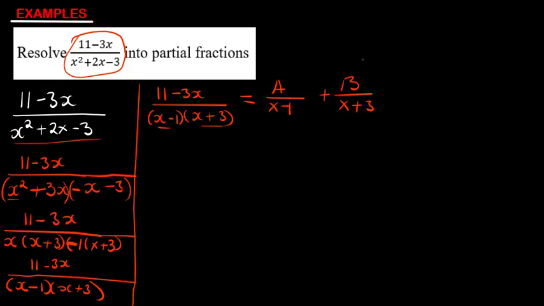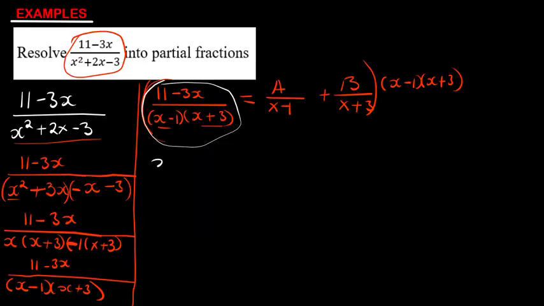After doing that, what is next? I'll put the brackets like that and get the common denominator. The common denominator here is x minus 1 and x plus 3. I'll multiply it with all of this side, meaning this part will divide with everything.